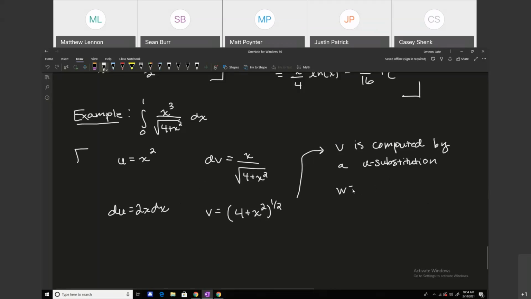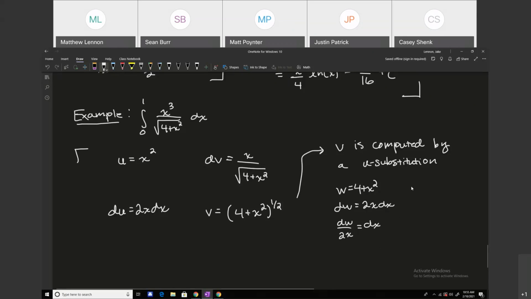So let's say w is equal to 4 plus x squared. Then dw would be 2x dx. So dw over 2x is dx. So then you can go ahead and change over your integral.